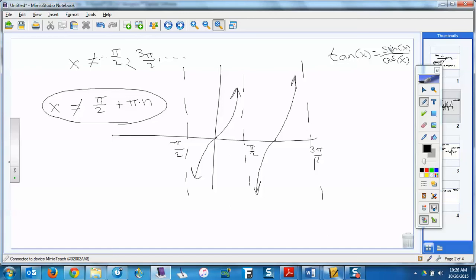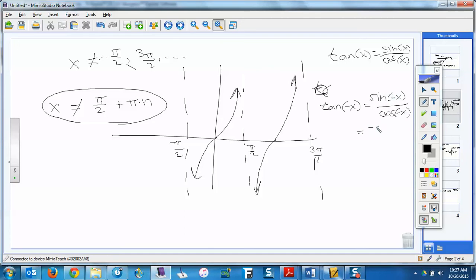So if tangent is this, then what if you put the opposite into tangent? If you put a negative x in, that's like putting a negative x in there. Correct? And what did we just say you would get out of sine if you put in opposites?